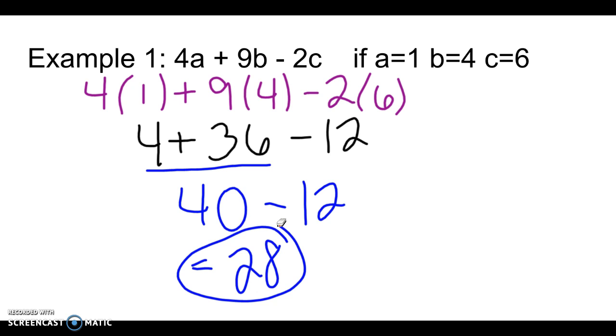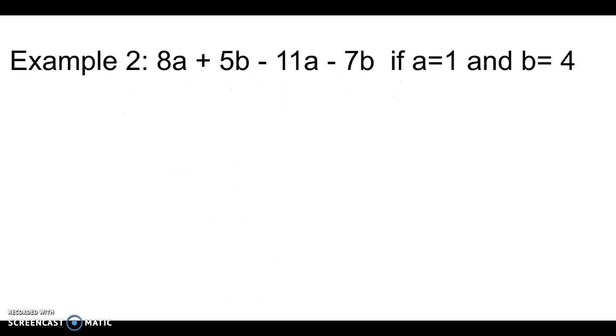All right, let's go ahead and move on to example 2. This one looks a little bit more complicated. We now have 4 terms compared to the 3 that we just completed, but we only have 2 variables. So the first thing we're going to do is plug in the values for our variables into our expression.